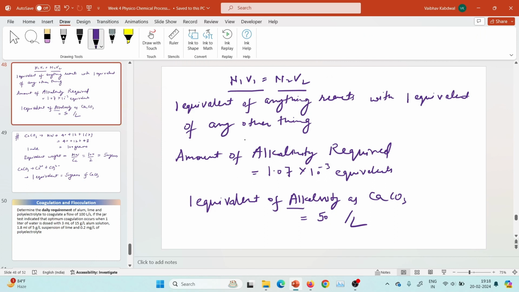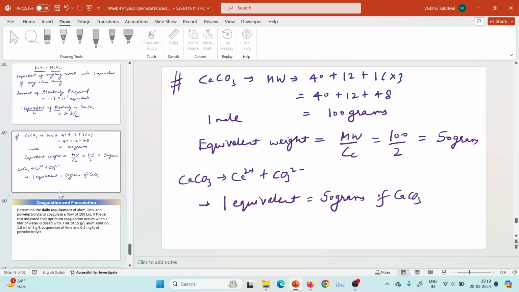Let me correct this. We can write it as one equivalent per liter of alkalinity as CaCO3 is 50 grams per liter. Now it is correct. So the amount of alkalinity required will be 1.07 into 10 to the power minus 3 equivalents. Now we will multiply and we will get the final answer.